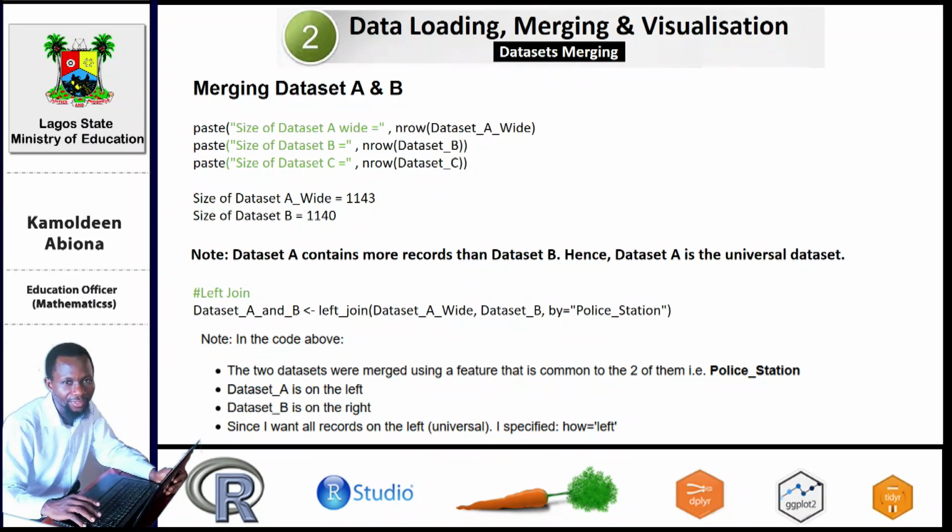Since dataset A has the larger number of records, it is the universal, so it will be placed on the left-hand side. And that is what we can see there.